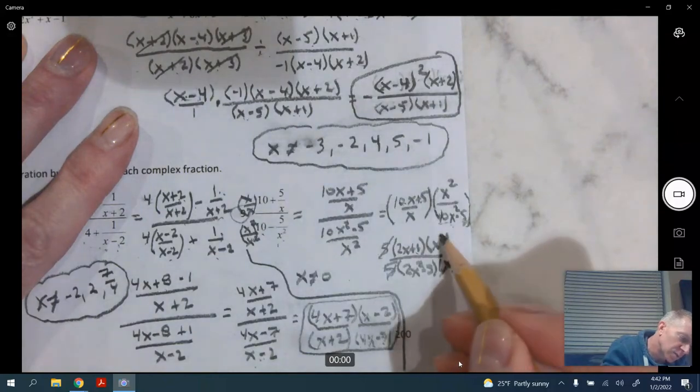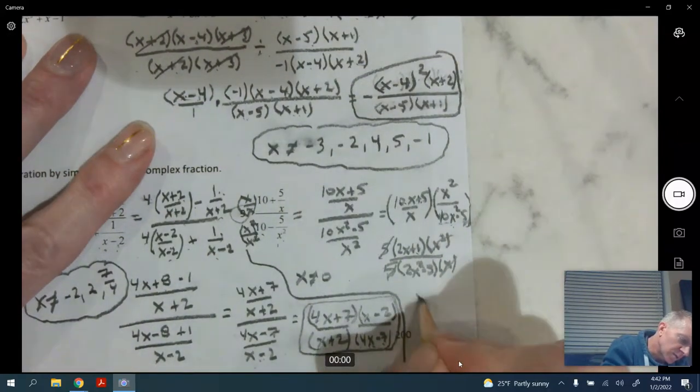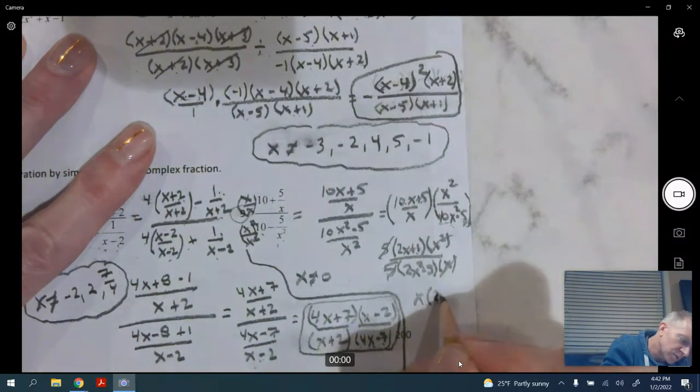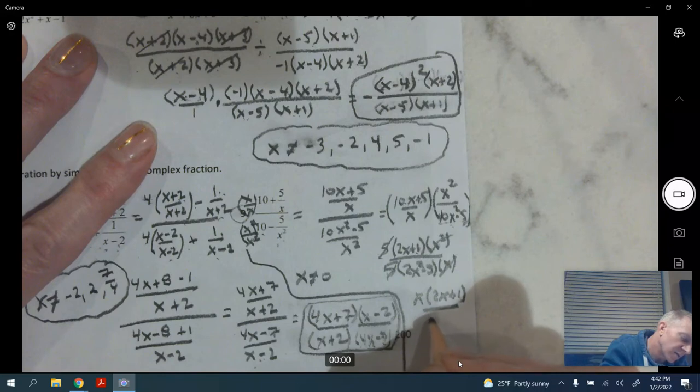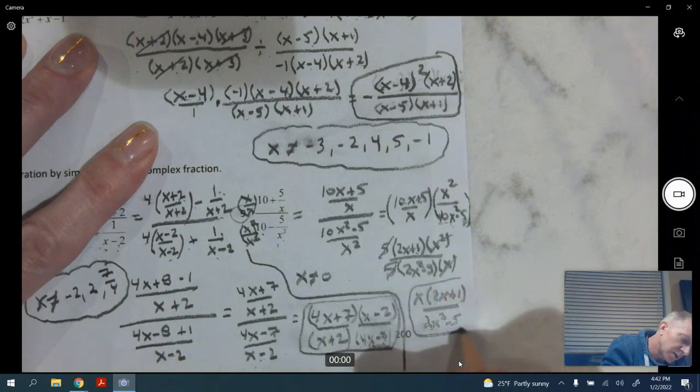This x cancels with one of the x's up here, so we get x times 2x plus 1, and then on the bottom we get 2x squared minus 5. And that's all we can do.